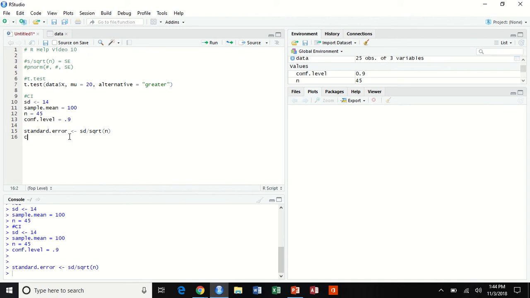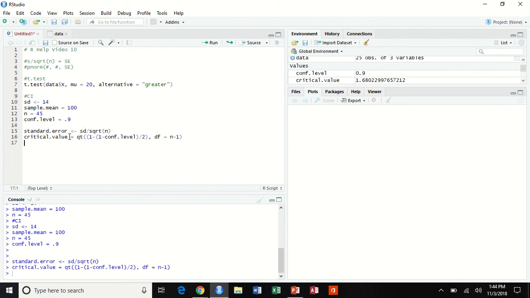Now we have that. Now we can solve for the critical value, which is QT. 1 minus the conf dot level divided by 2, and then comma degrees of freedom equals n minus 1. Degrees of freedom are sample size minus 1 for this. You'll learn about degrees of freedom in more depth later.